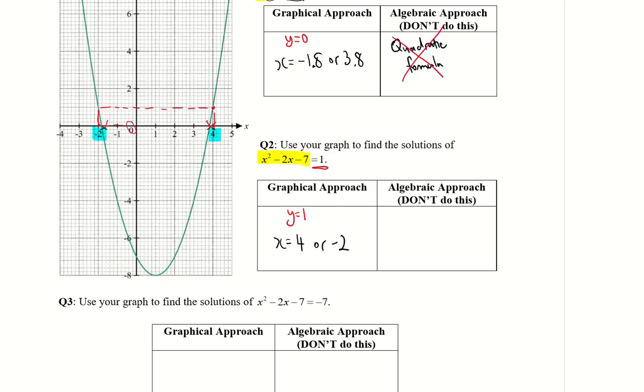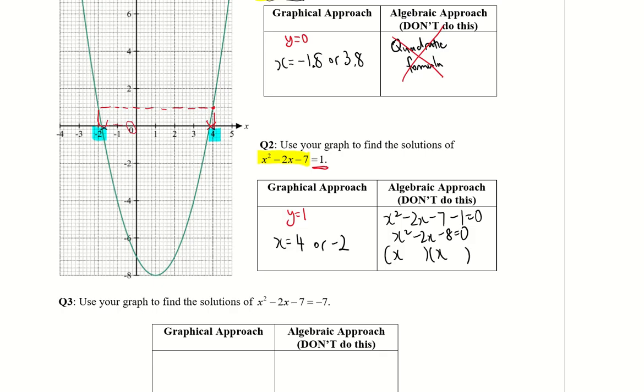If I do the algebraic approach, I rearrange, minus 1 equals 0, simplify, and I factorize.